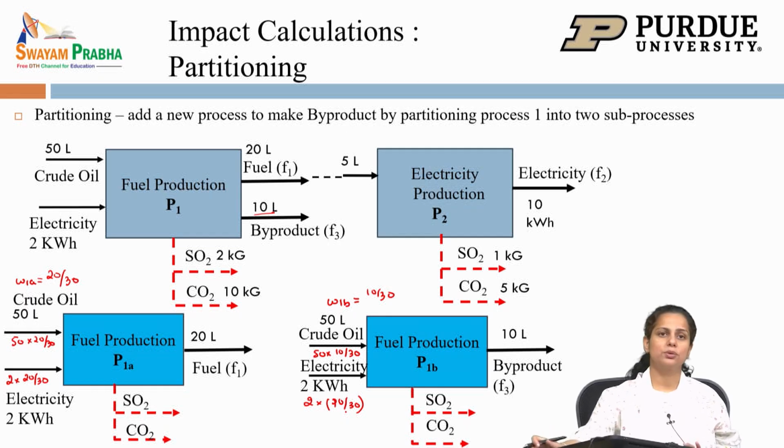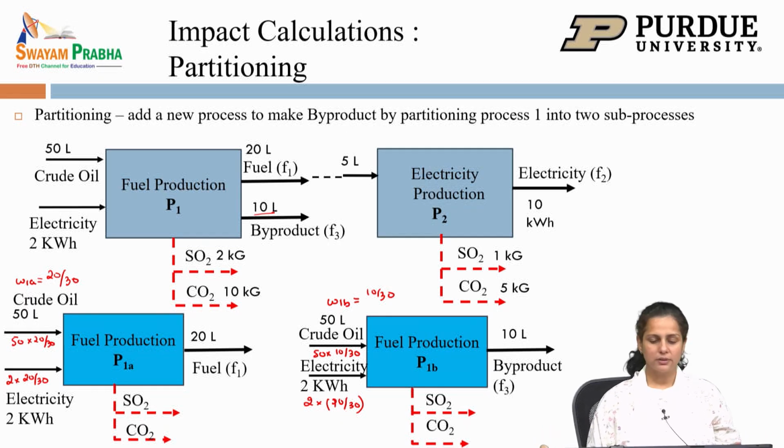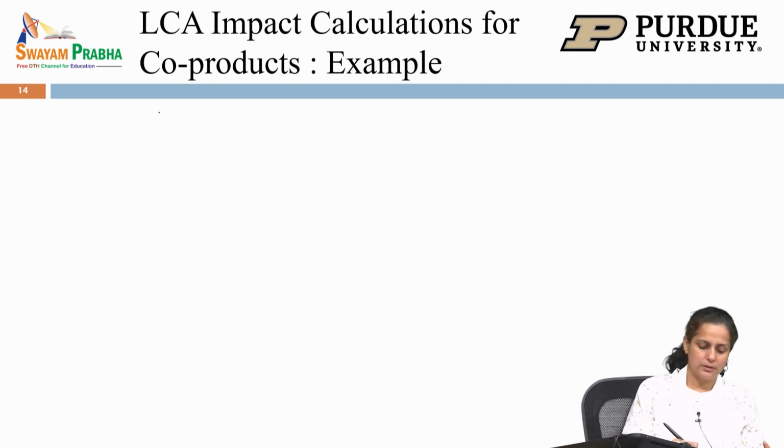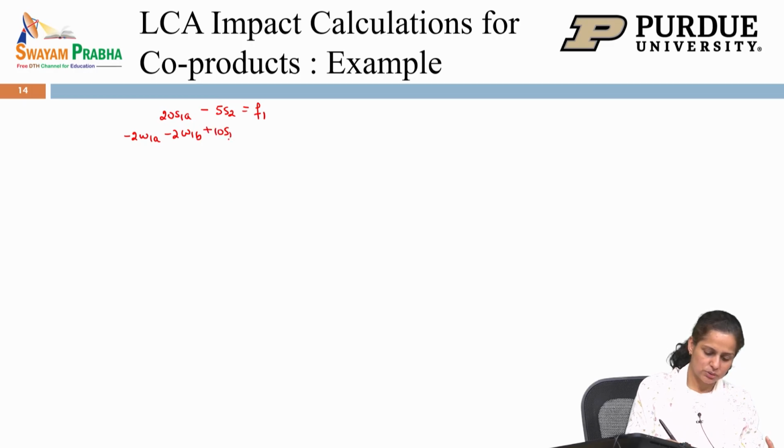Similarly, we will do SO2 and CO2 as well, but let us look at the scaling factor calculation. So, simply we write the balance. So, 20 S1A minus 5 S2 is equal to F1, that is the fuel production. Then we have minus 2 S1A minus 2 S1B and plus 10 S2 is equal to F2, that is the electricity production.